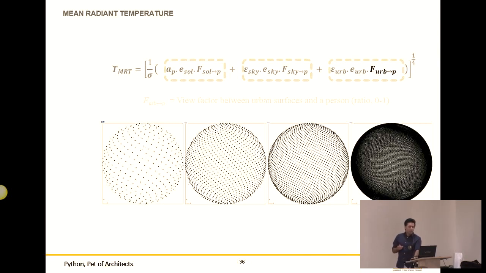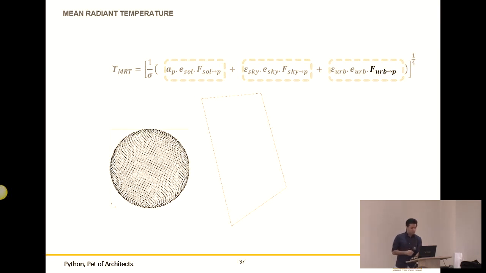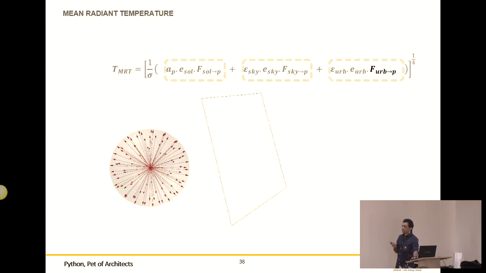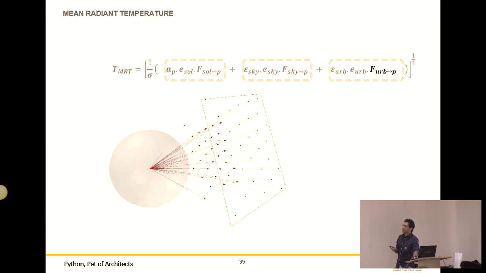Basically, it's the same concept as backward ray tracing. If you are familiar with backward ray tracing or backward path tracing, it's the same concept. We distribute lots of points on a sphere to project the environment onto a sphere, like a human body. By having lots of points, we have lots of vectors, lots of rays to shoot.